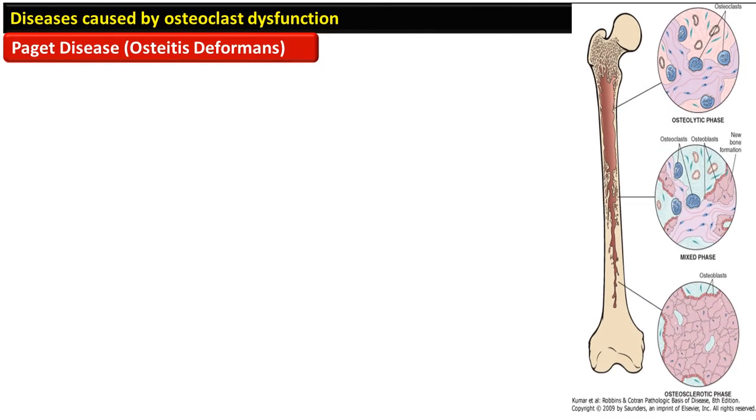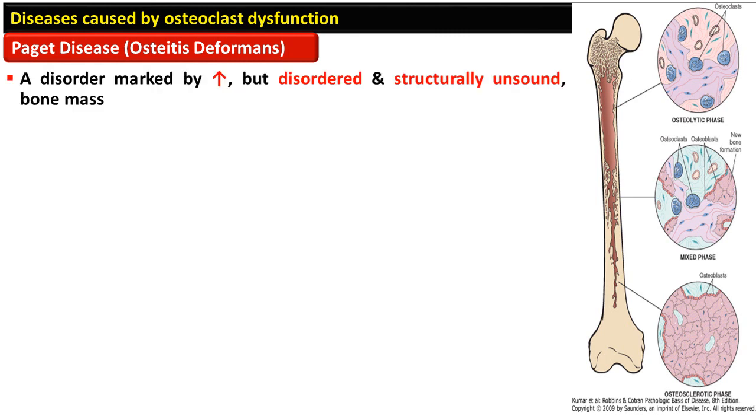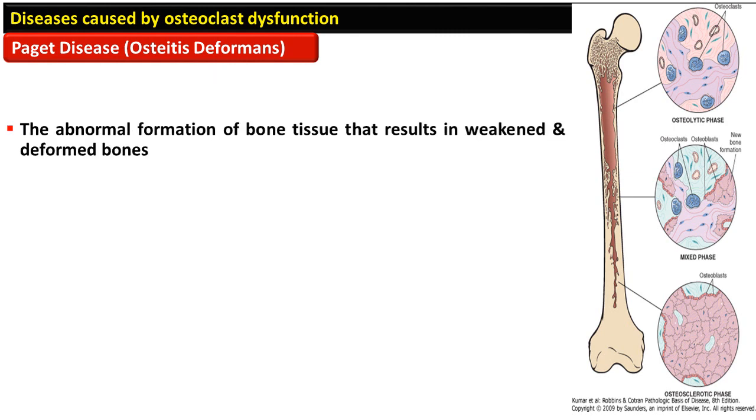Now coming to the diseases caused by osteoclast dysfunction, an important disease of this group is Paget's disease, also termed osteitis deformans. It is a disease marked by increased but structurally unsound bone mass.